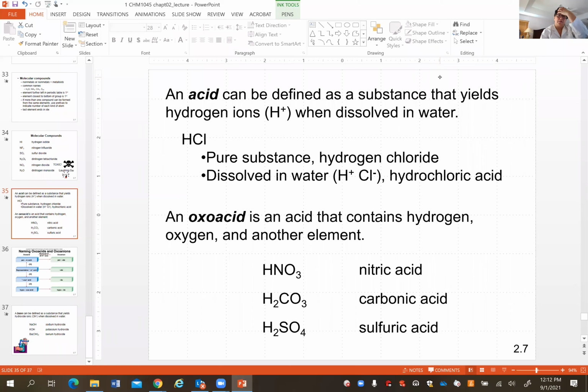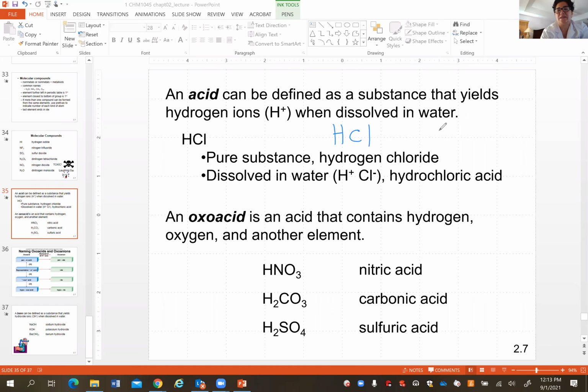Okay. Naming acids. Acids, you could have binary acids or you could have oxyacids. Binary acids are hydrogen compounds that when you add them to water, they generate hydrogen ion. If you name a hydrogen chloride, because it's one of each, this is just hydrogen chloride.